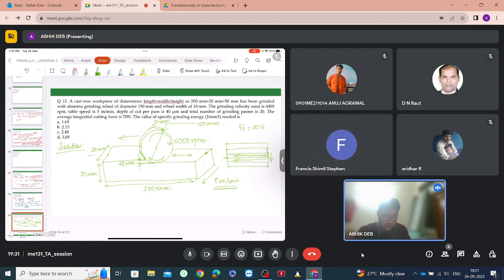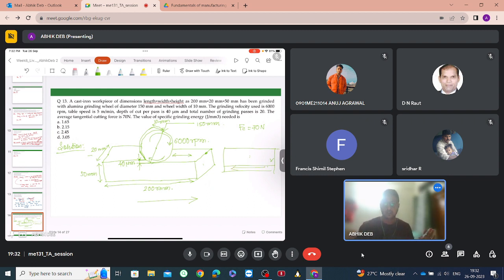Yeah, it depends on which one you are considering. The table speed, you were saying that there has to be a motion in this direction, right? Yeah, that can also be. If we consider even that, then for one pass only we are considering. That is, the grinding wheel is remaining fixed in this direction, and only this layer of material is being removed.